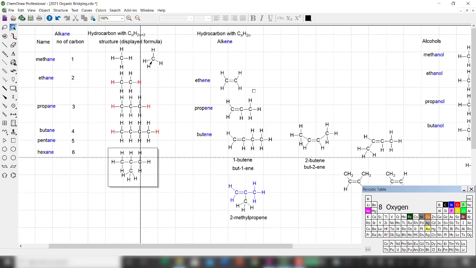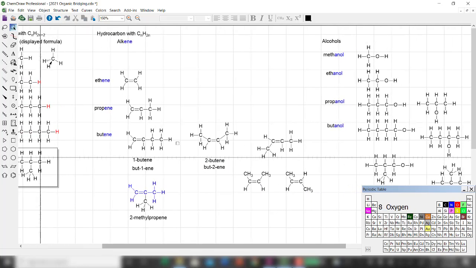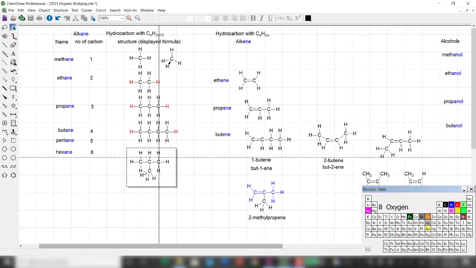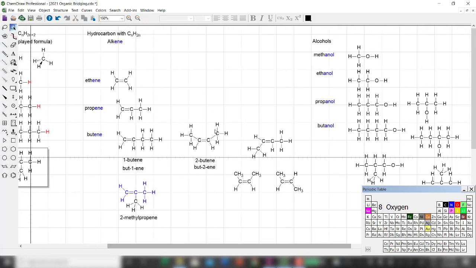And then earlier on, I also showcased to you where it's possible for you to have isomers, where even for butane, you can swap one of the groups in the middle, and we call this 2-methylpropane. And then for butene, you can have a lot more isomers.